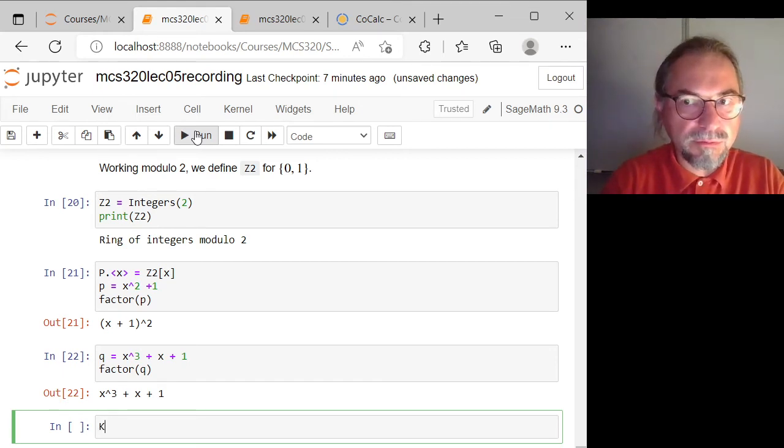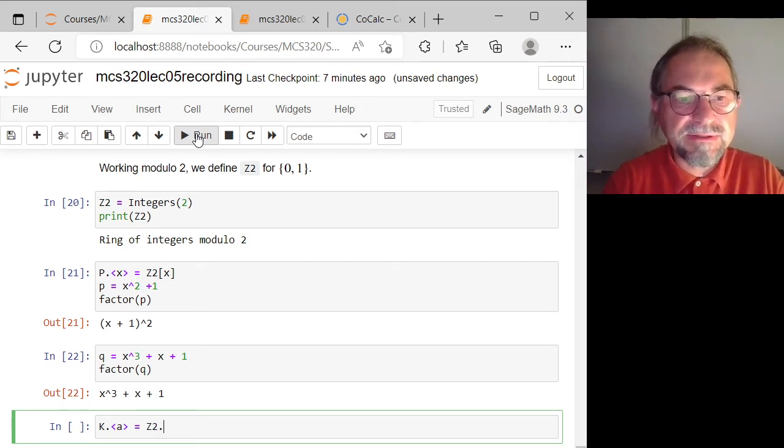Greek letters are being used for fields, so I will be using alpha, or perhaps use A, it's a bit shorter. So I will extend z2 with q.